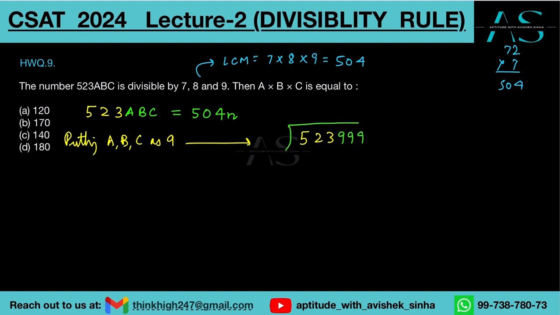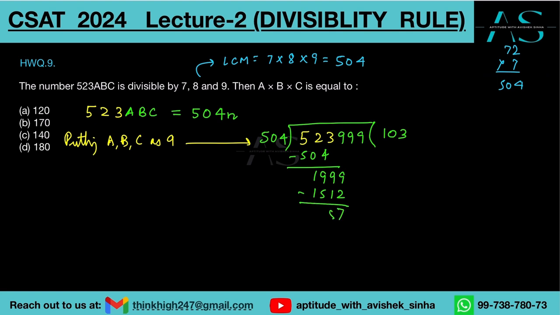Now let's divide this by 504. One time we get 504. 23 minus 4 is 19. 1 9. Another 9 goes down, so 0 here. Now 504 into 3 would be 4 3s are 12. So 1512. Subtract.